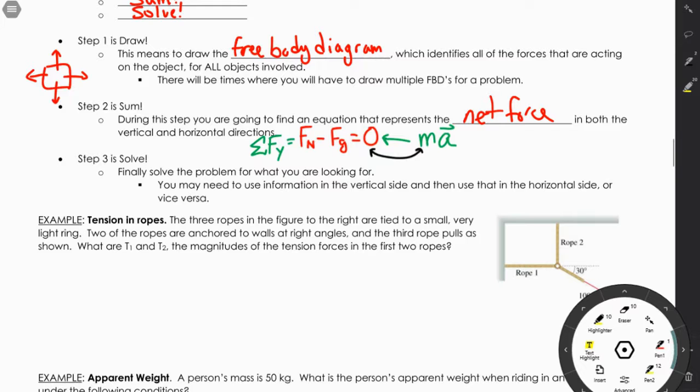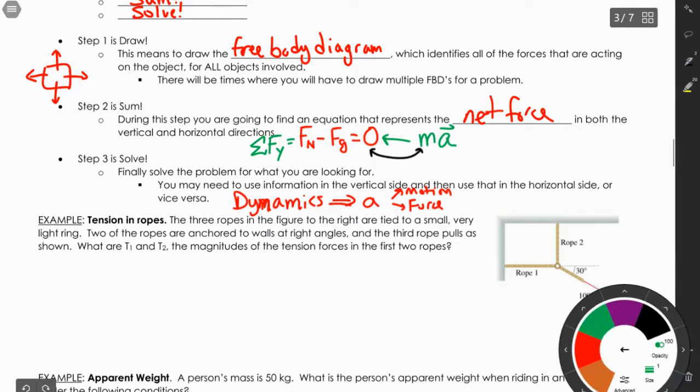Also, understand that if this is a dynamics problem, you need the acceleration from either motion or force, and then you're going to plug it into the opposite. If I have to find acceleration from force, I plug it into motion. If I have to find the acceleration from motion, I plug it into force.